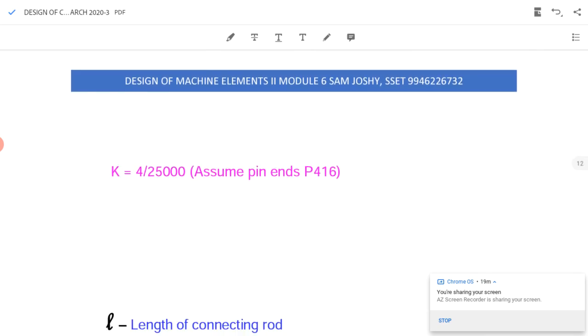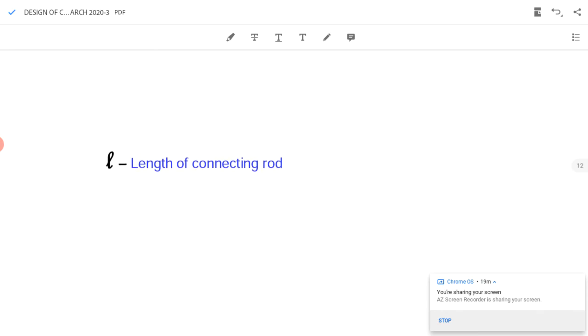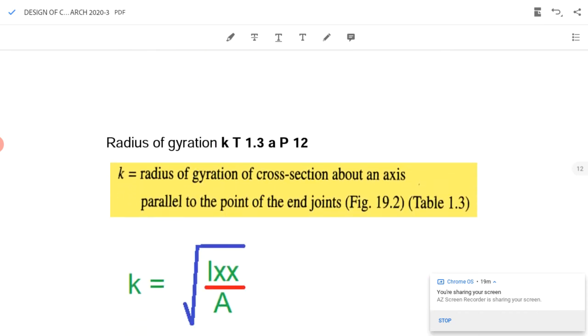We will assume k equal to 4 by 25,000, assuming both ends are connected by pins, in page 416. Further, the length of the connecting rod is given in the question, L equal to 380 mm. Now, the only value left is the radius of gyration.